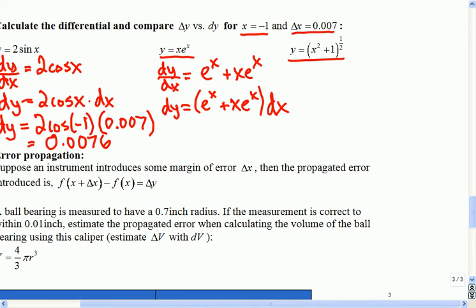The place we're looking at it is at x equals -1, and the amount of change we're allowing is still, again, 0.007. And I believe if you plug it in your calculator, we would expect there to be no change here.